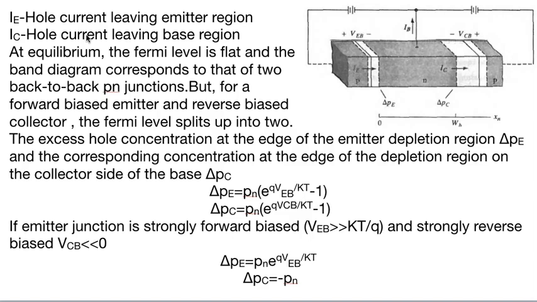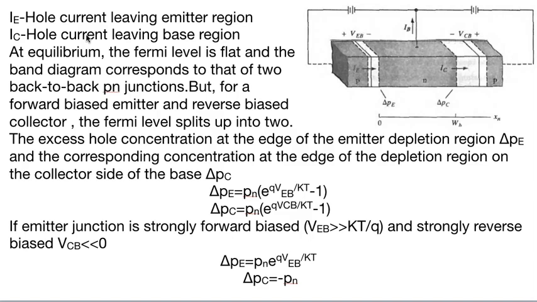At equilibrium, the Fermi level is flat and the band diagram corresponds to that of two back-to-back p-n junctions. But for a forward biased emitter and reverse biased collector, the Fermi level splits into two.